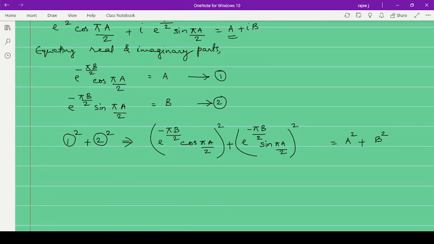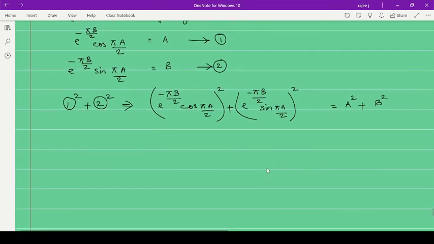Now if you look at this one, again it is the form a raised to m the whole raised to n. So it is e raised to minus pi b by 2, whole square is coming. A raised to m the whole raised to n means it is m into n, so the 2 will come here. Not the whole square, pi square b square will not come. It is the a raised to m the whole raised to n formula, so a raised to m into n will come.